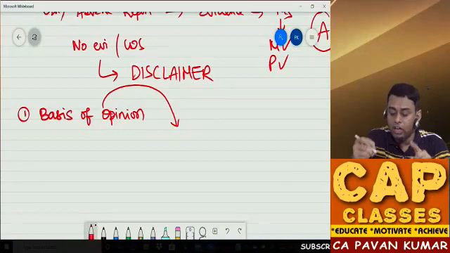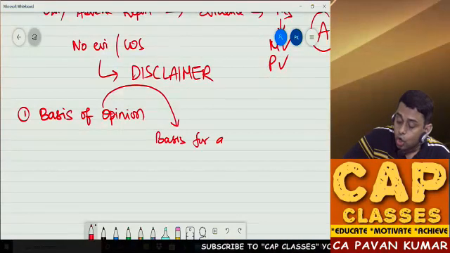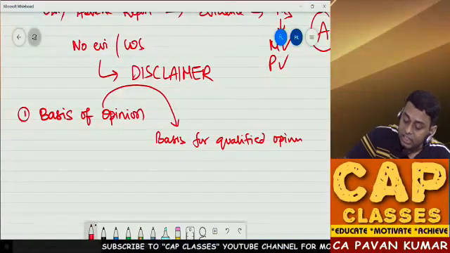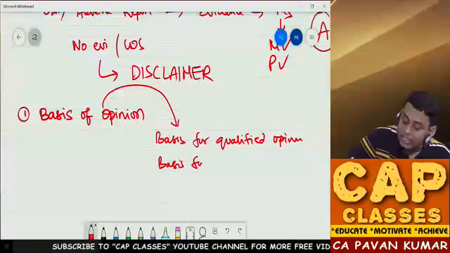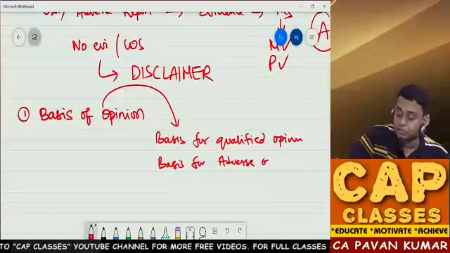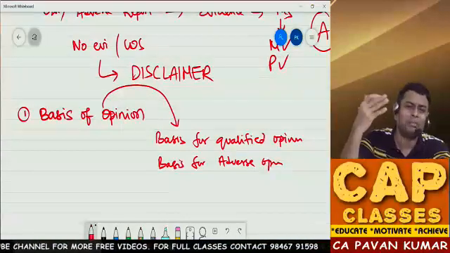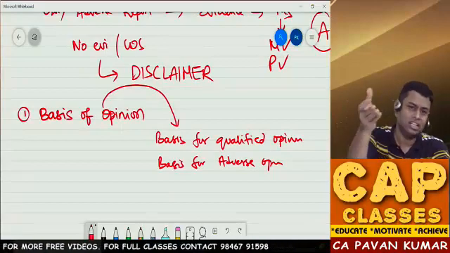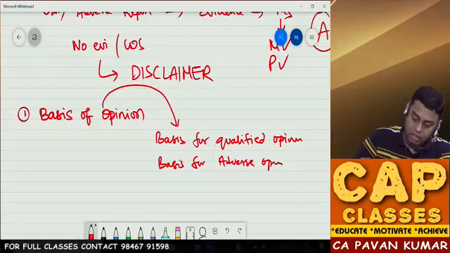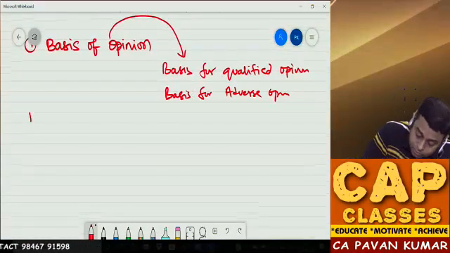If you are giving qualified opinion, you have to write basis for qualified opinion. Basis for disclaimer. Basis for adverse opinion. Like that you need to change. So this is 1 point you need to remember. Not very important from exam point of view, but that is written in the standard. So I am just communicating it to you.